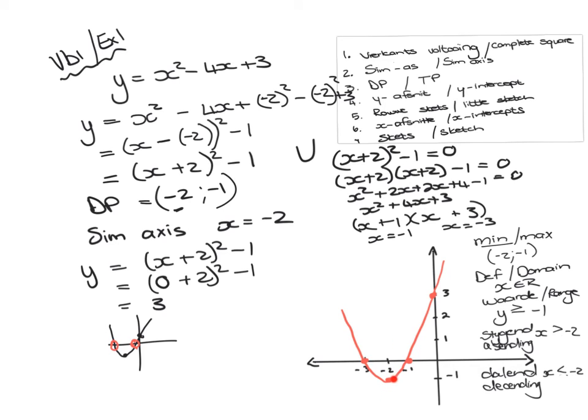So dan is hy van -2 af stygend, maar by -2 staan hy stil, so hy styg nie daar nie. Hy is dalend waar die getalle minder as -2 is. Sien jy? So x is smaller than -2. Not equal to, only smaller. Want op die kop, by -2 althans, staan hy doodstil.